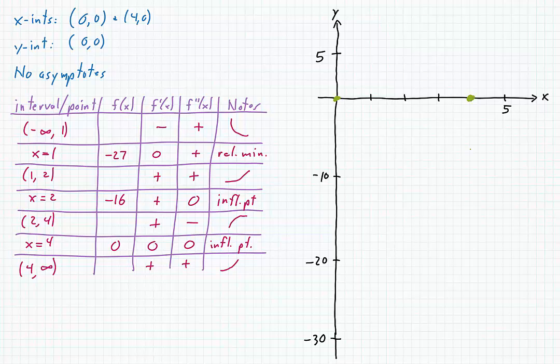And if I look down through my table here, it looks like something happens at the point 1 and negative 27. So 1 and negative 27 for me is right down here. All right, notice my scale. Every fourth box is 1, so each of these boxes is a quarter on the horizontal axis, and every box is exactly 1 on the vertical axis.